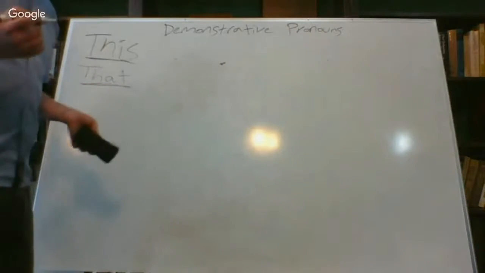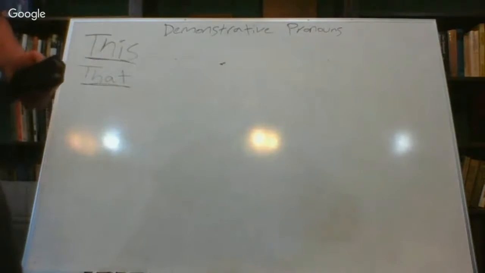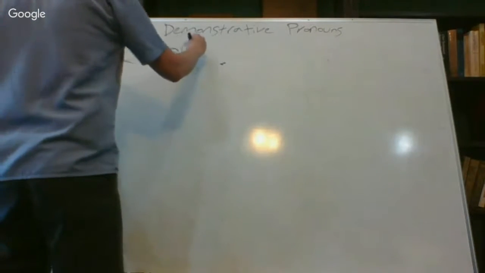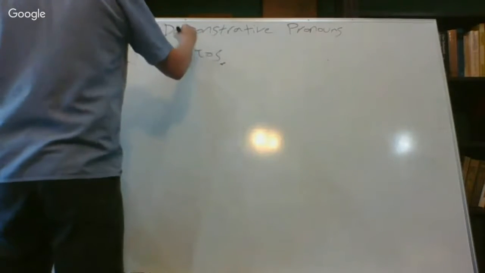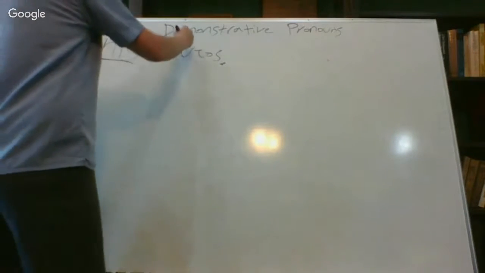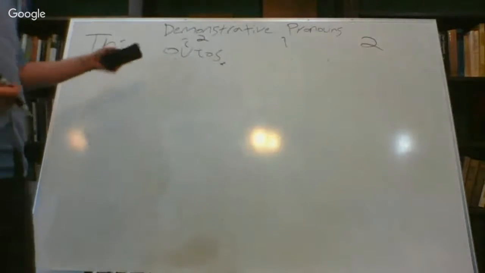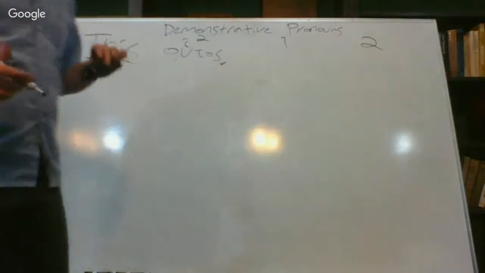So I'm going to give you a new paradigm here. So this is going to be the paradigm hutos. So we're going to follow a 2, 1, 2, and just for clarification's sake, what is a 2, 1, 2 paradigm?